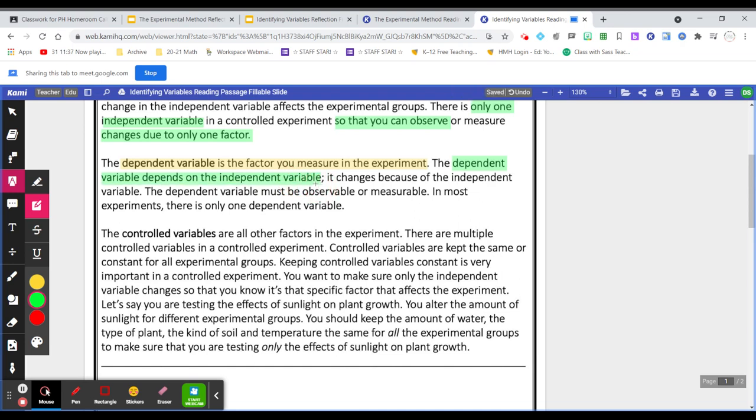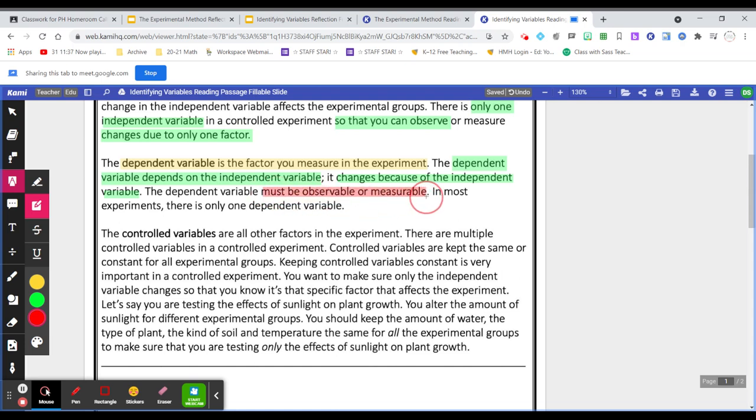Yeah. So the dependent variable depends on the independent variable, right? It changes because of the independent variable, right? The dependent variable must be observable or measurable. So that I think is important.